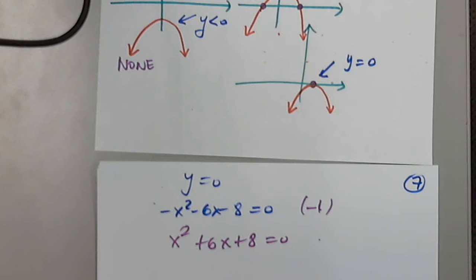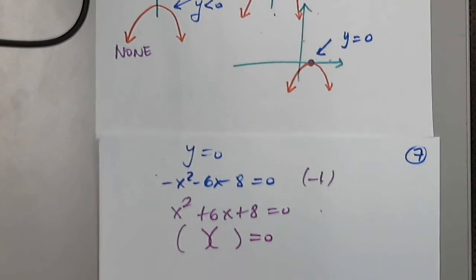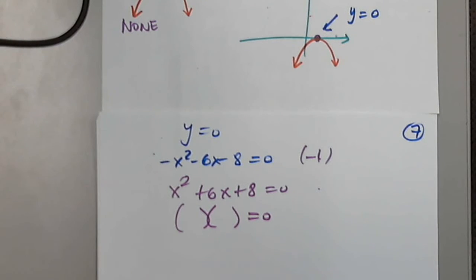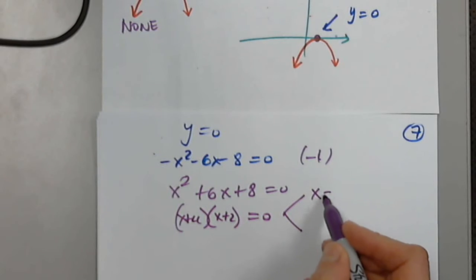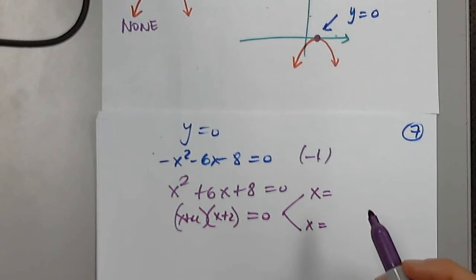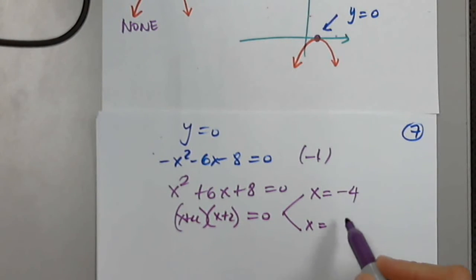But remember what we said: if factoring takes this long, do it. Otherwise, quadratic formula. In this case factoring takes that long, as I chose it to be like that. x plus 4, x plus 2. So the 2 options are -4, -2.